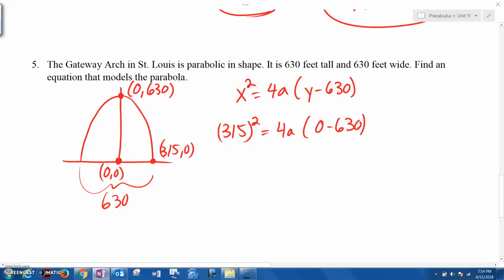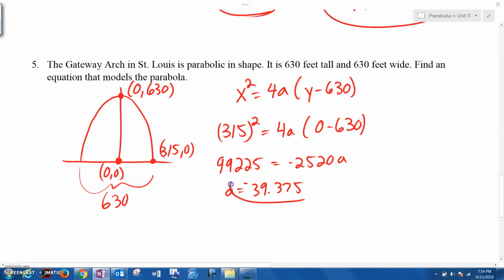Okay? So 315 squared is a big number. Now remember, you're not going to have a calculator for your test, which means I'm not going to give you really bad numbers on a word problem. So negative 630 times 4 is what we get here, and we get negative 2520a. So a is negative 39.375.